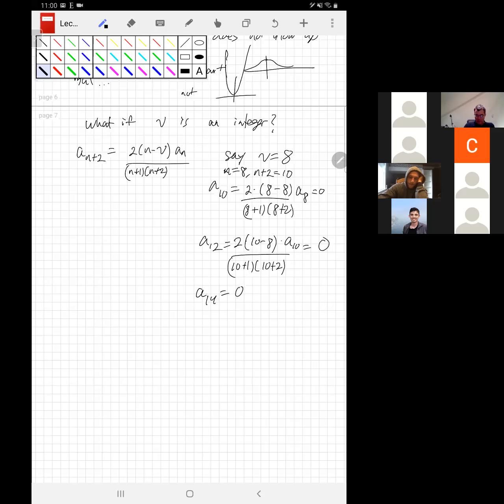And a_14 will be 0, and a_16 will be 0, etc. So if nu is an integer, you eventually reach a stopping point. Right? If n equals nu, then anything after nu, if nu was 7, well, a_7 could be non-zero, but a_9 would be 0, and a_11 would be 0. This series would not go to 11, disappointing Spinal Tap, and a_13 would be 0, and so forth.